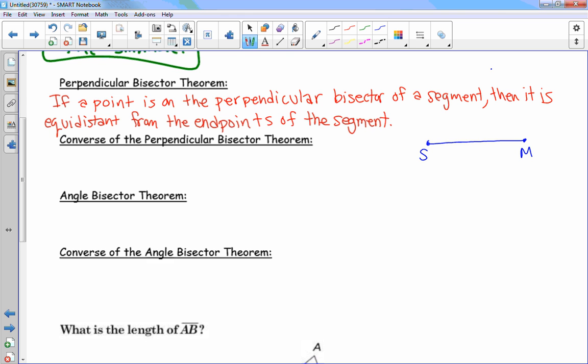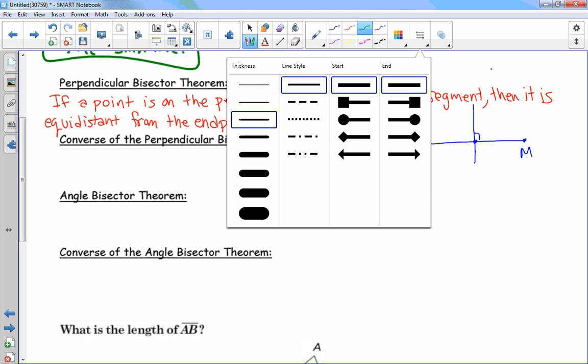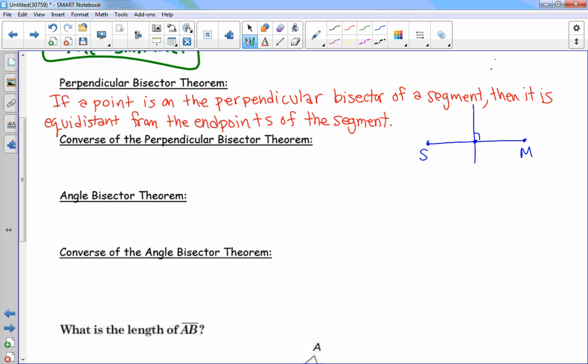In the middle. Okay, and it's a special kind of bisector. It's a perpendicular bisector. So this theorem is saying if we have any point that's on the perpendicular bisector, maybe this one right here, and I connect it to the endpoint, that length will be congruent to this length connecting it to this endpoint.